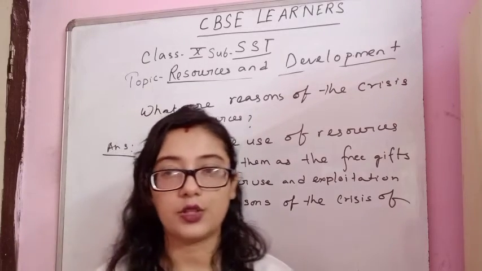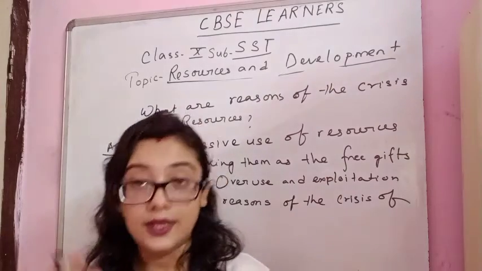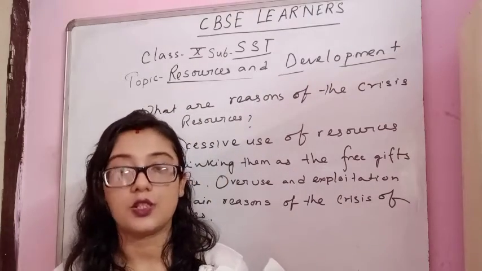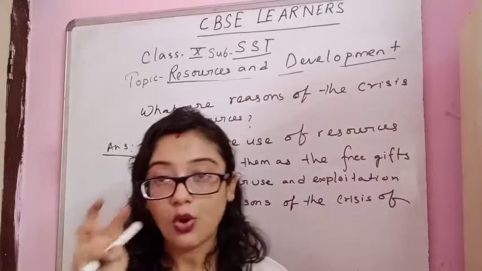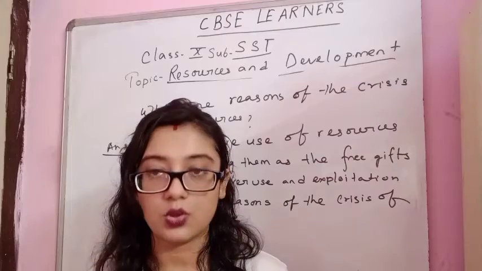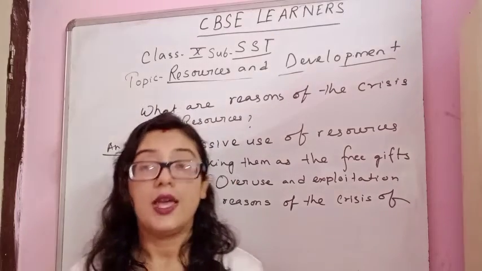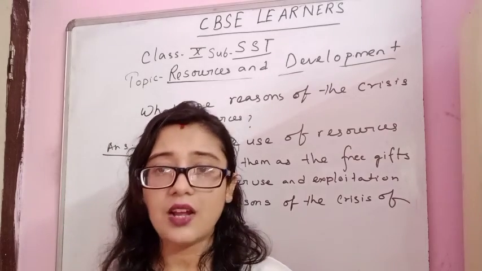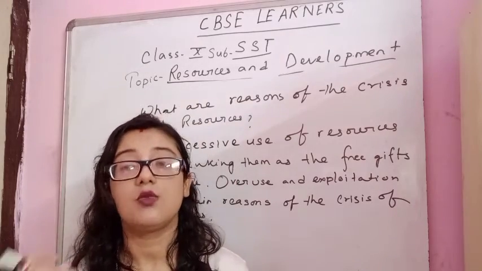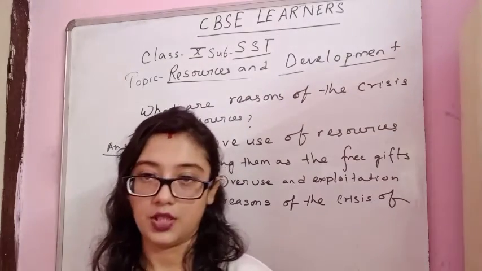Some segments in our society have all the resources, some segments do not. This created a division in our society, the so-called rich and poor, isn't it? Rich people have all the resources, and poor people do not have access to them. So this accumulation of resources in one hand led to a severe division of society.